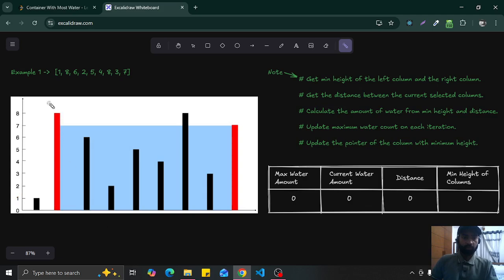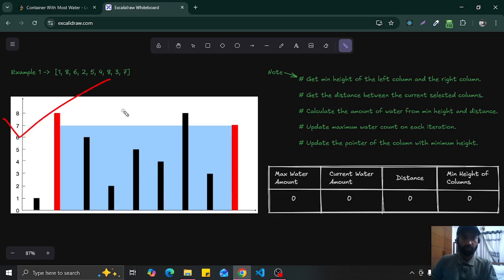And if we consider this one as the left side of the container and this one as the right side of the container, and this is the column with the lowest height, the maximum amount of water this container can hold is 7 units. And the distance between these two columns is 1, 2, 3, 4, 5, 6, 7.